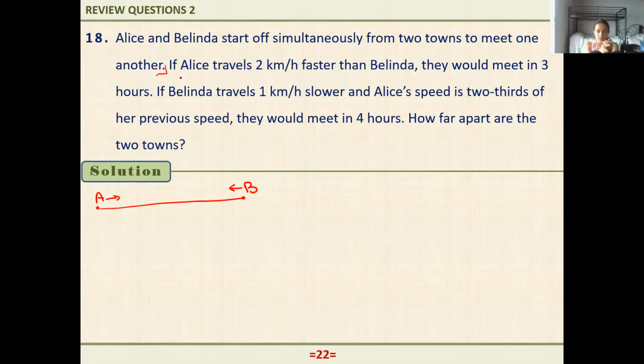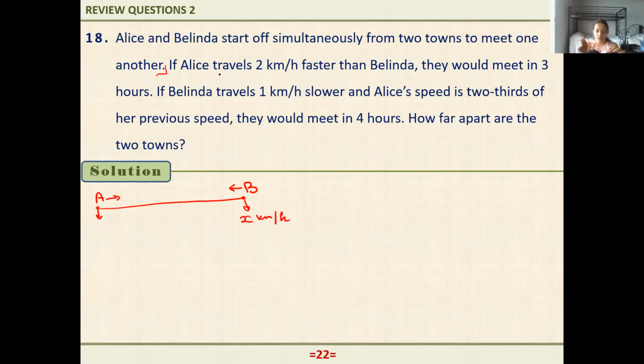Now, the first sentence. If Alice travels 2 kilometers per hour faster than Belinda, do we know Belinda's speed? We don't know. So let's say Belinda's speed is x kilometers per hour.